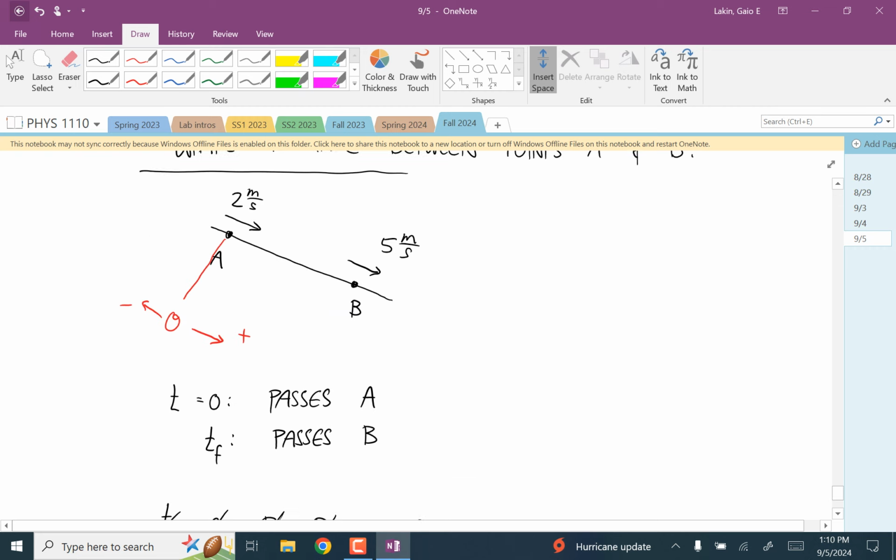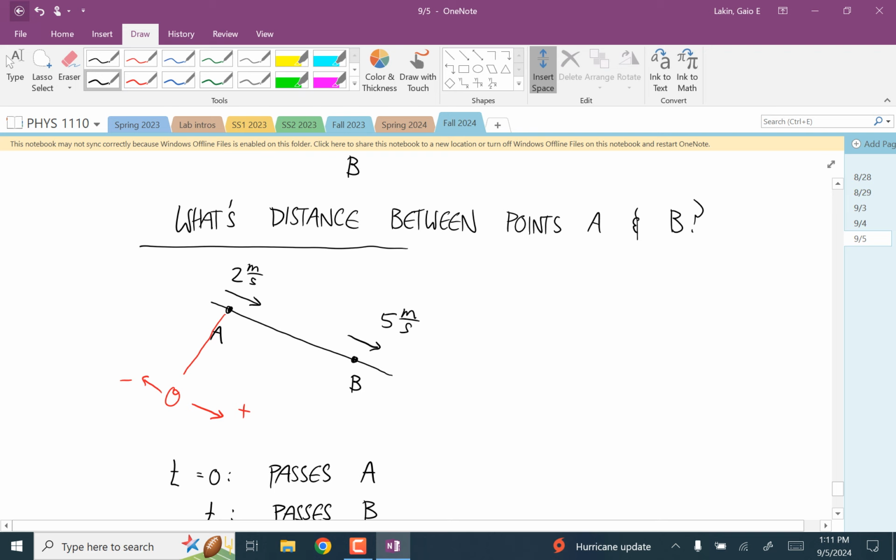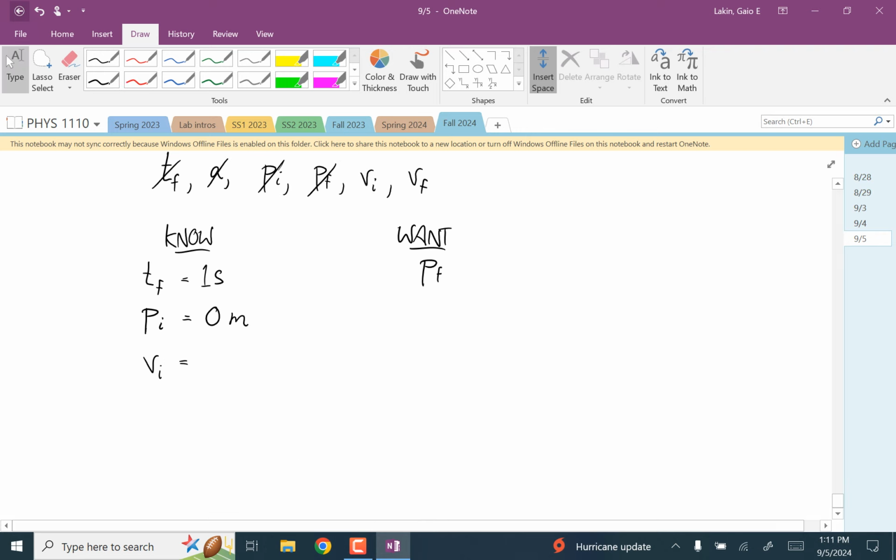So we know that that's 2 meters per second, and then you have to think about the direction it's moving. This is moving in our positive direction, so this is going to be positive 2 meters per second. And then V final, the speed is 5 meters per second. It's still going to be moving in the positive direction, so that's positive 5.